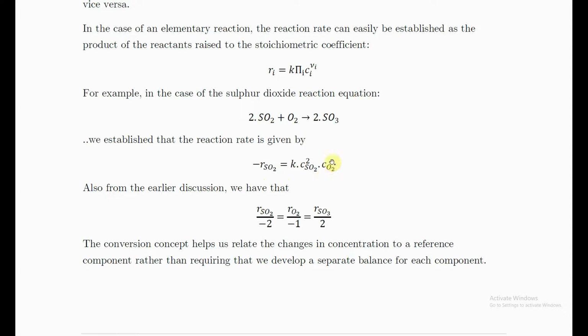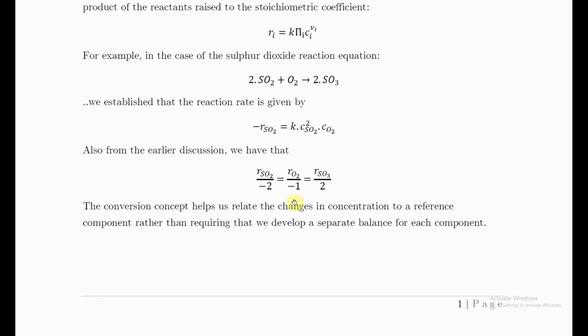In this case, there's a 1. So for an elementary reaction, for the forward reaction, that's only in terms of the reactants, so that's our rate expression.